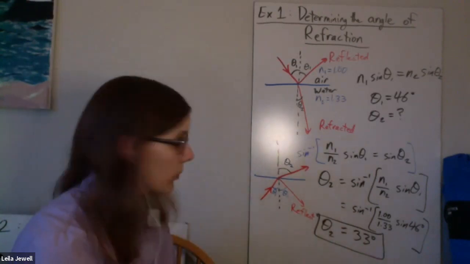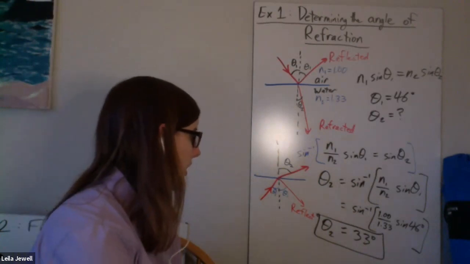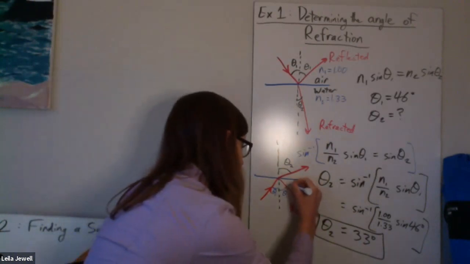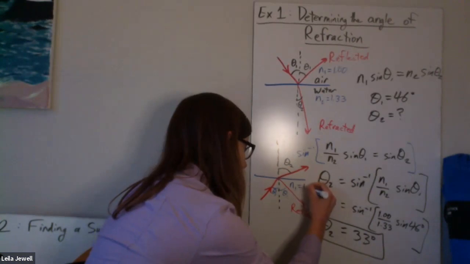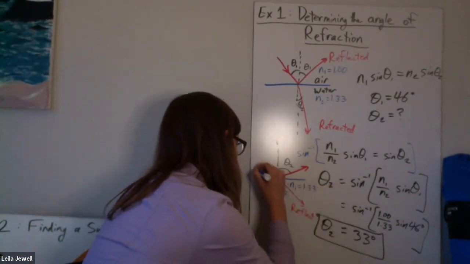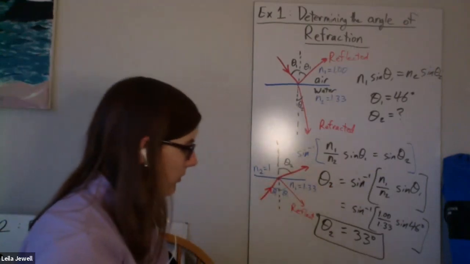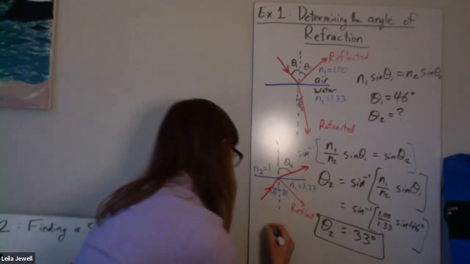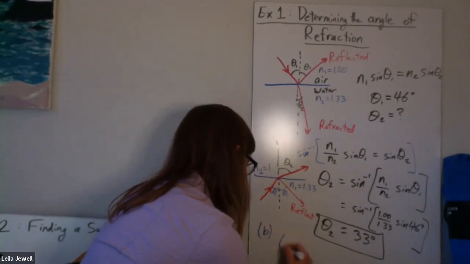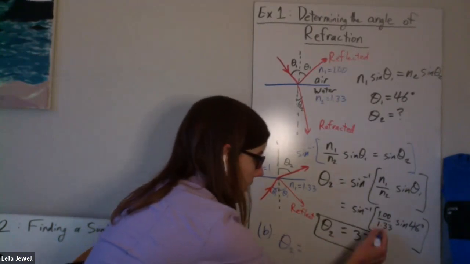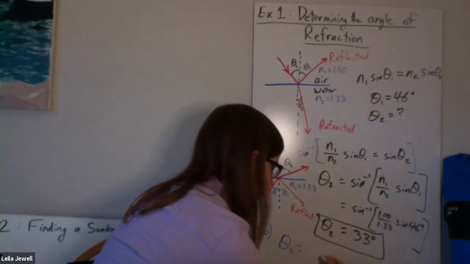Okay, once we've done that, now we can say, hey, look, theta 1 is on the side of the water, so now n1 is equal to my 1.33. n2 is just going to be that of air, 1.00. So for part B, I can use my same equation, but I'm just going to flip my 1 and my 1.33.